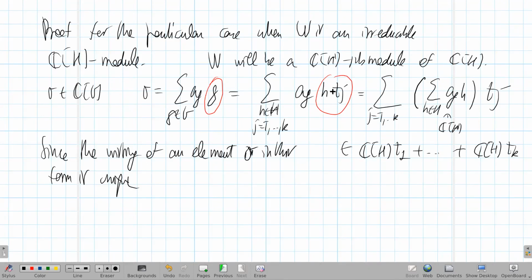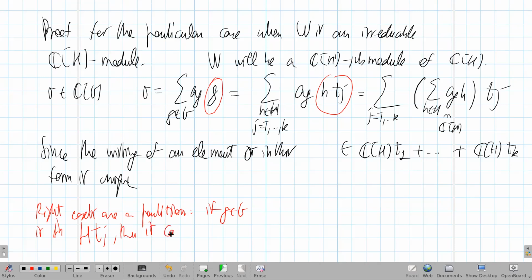remember, right cosets are a partition, okay? Well, let's write it here. Right cosets are a partition. So if g in G is in the coset HTj, then it can be written uniquely as g equals h Tj with h in H, okay?